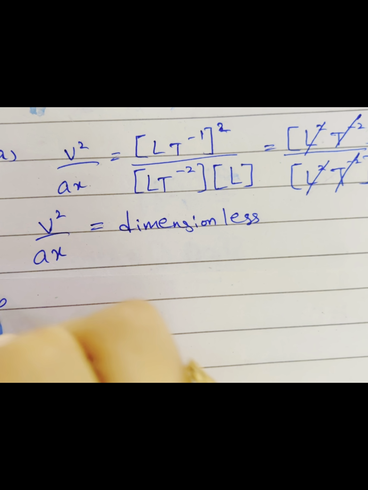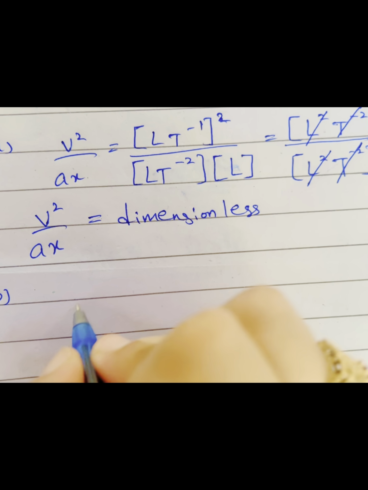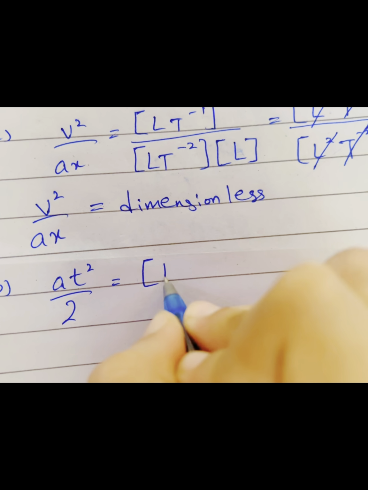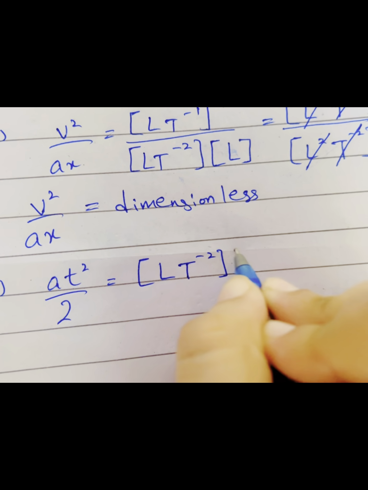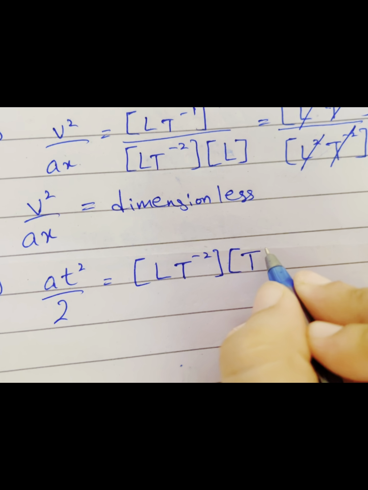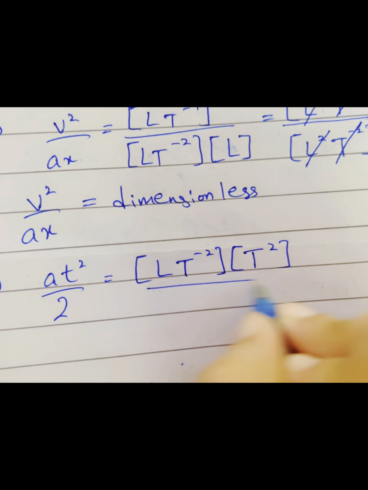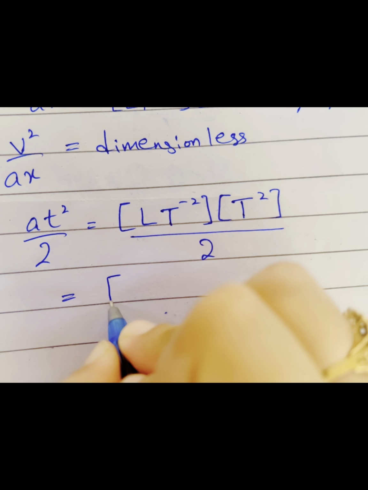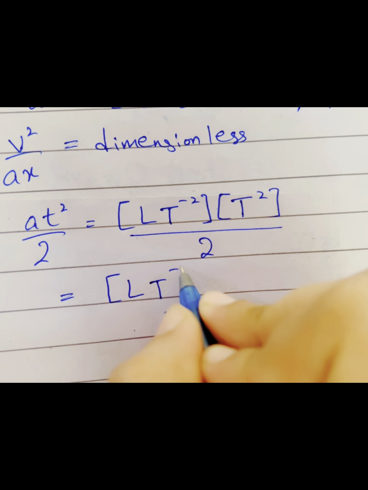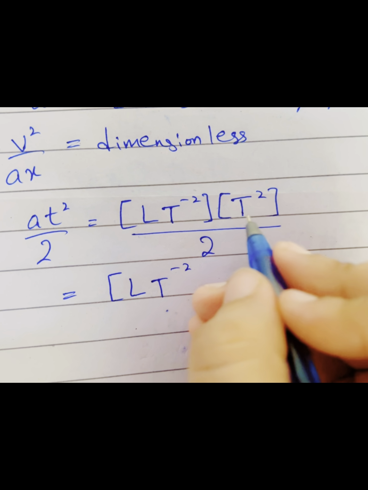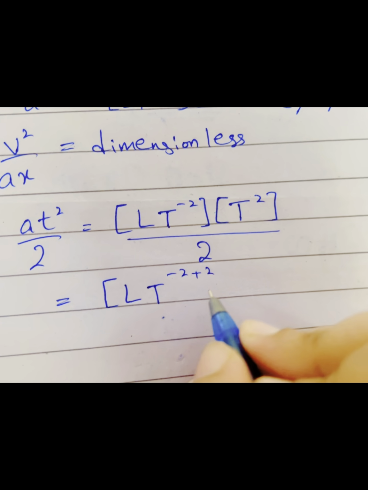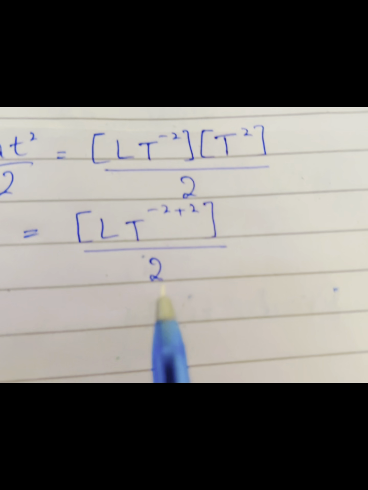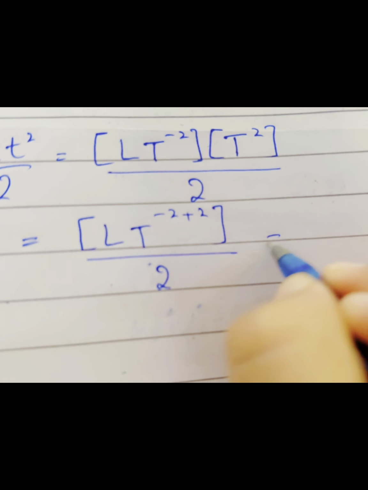For part B, there is an expression at square by 2. A has a dimension of acceleration which is LT minus 2 and t has a dimension of time which is T square. 2 is constant. Now LT minus 2 and there is T square with the same base and opposite power plus 2. 2 is constant, it will remain as it is.